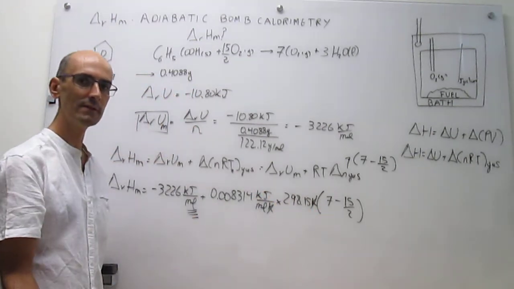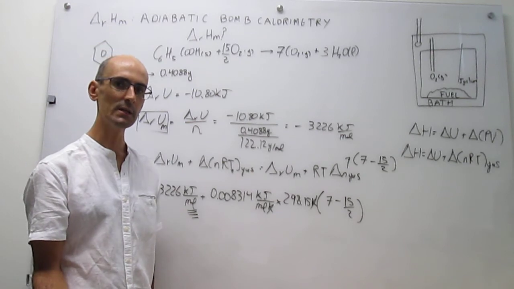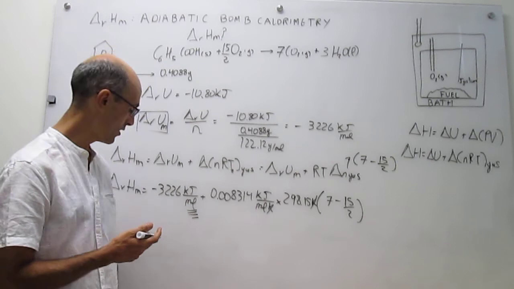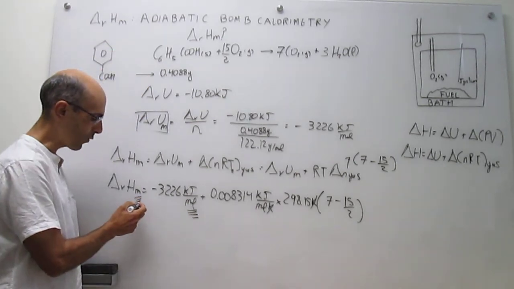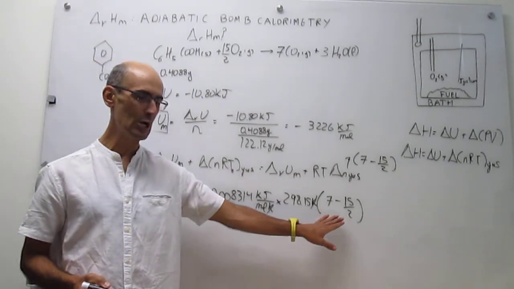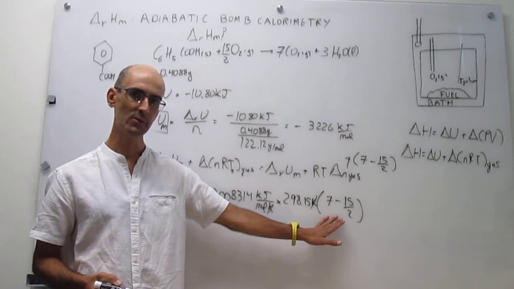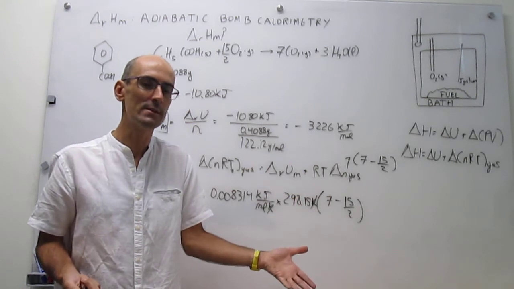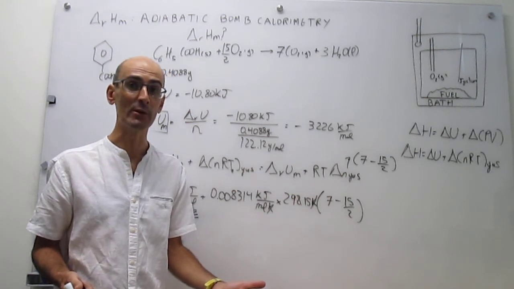So what that means is that what you have in the parentheses has to be dimensionless. And it is, right? So what we have here, when we're calculating per mole quantities, is not the actual number of moles of products minus reagents. Instead, it is the per mole quantities of those, which are simply the stoichiometric coefficients.